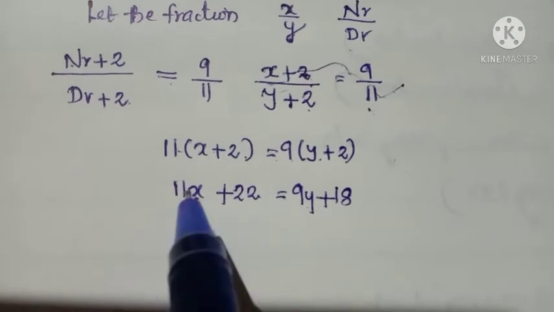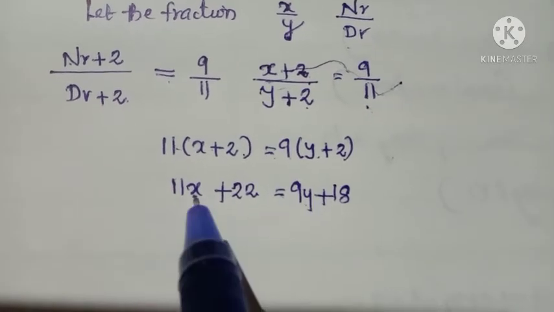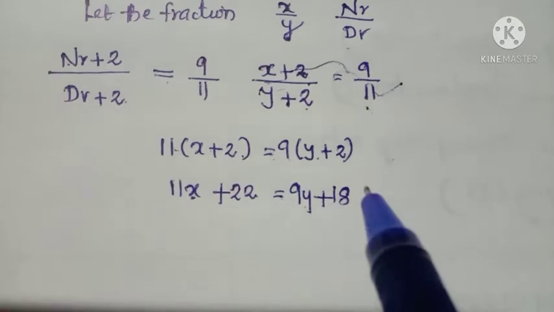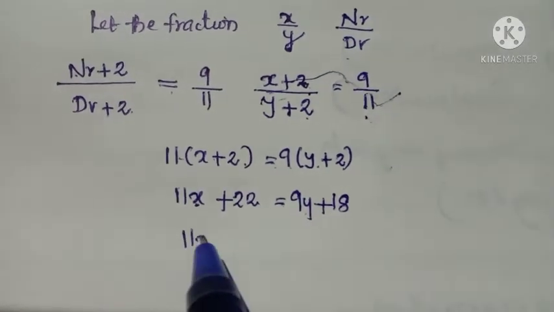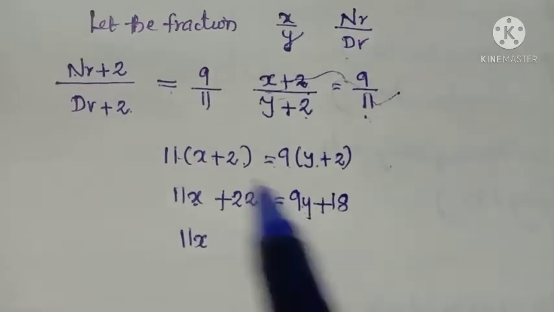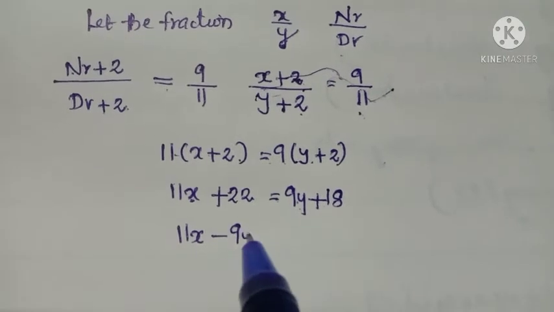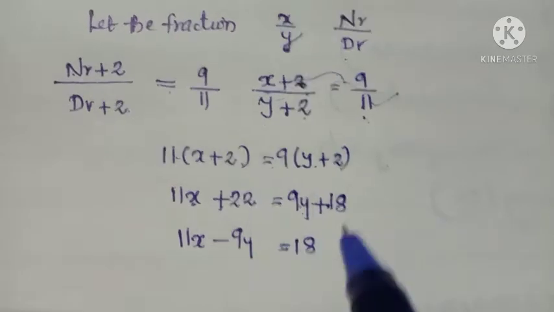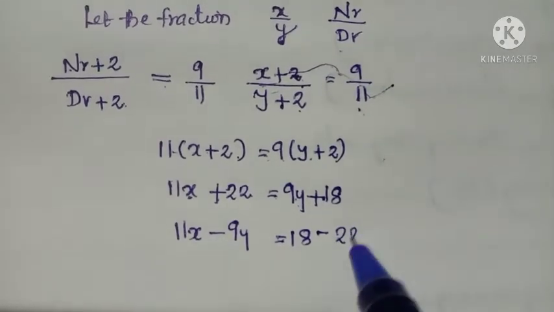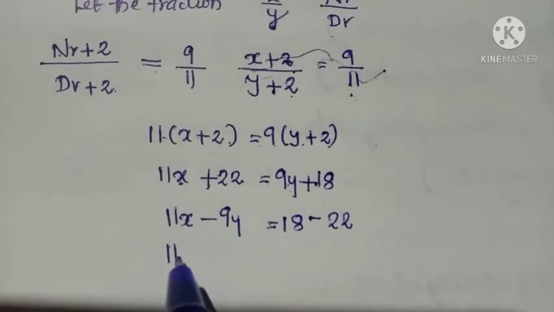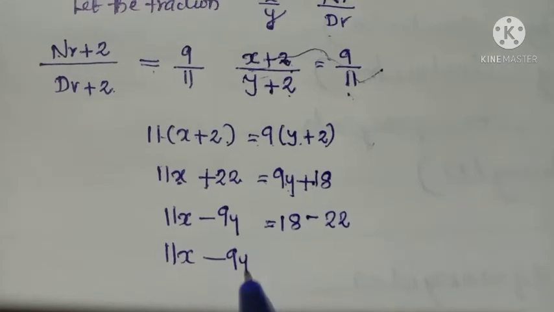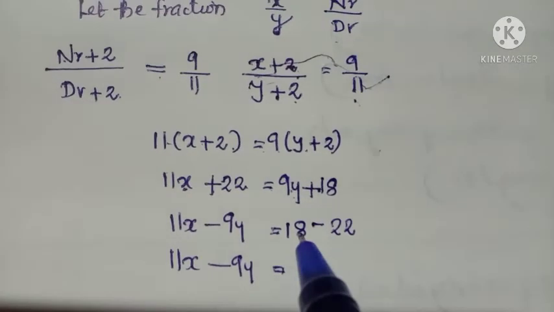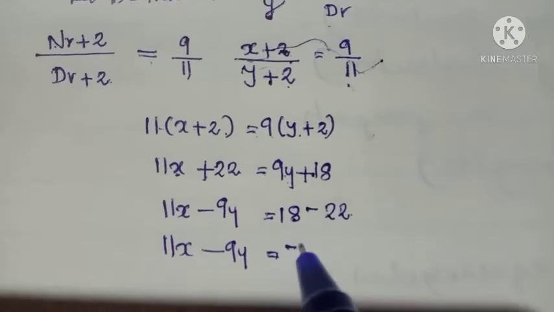Now collect x and y on the left side and constants on the right side. So 11x plus 9y becomes minus 9y, equal to plus 18, plus 22 becomes minus 22. So 11x minus 9y is equal to 18 minus 22.